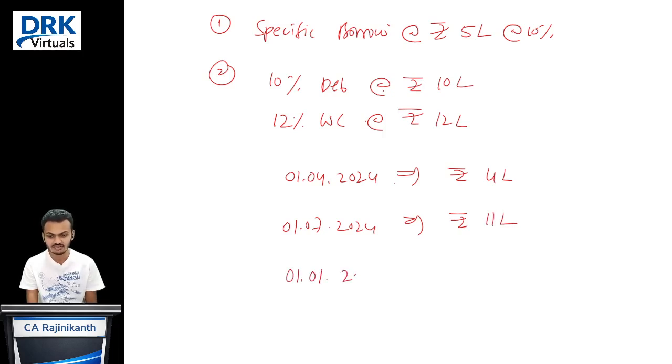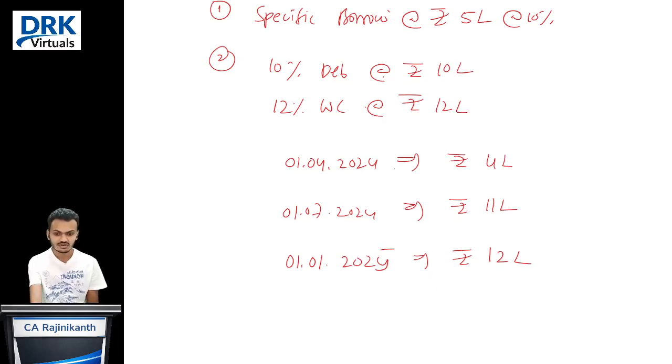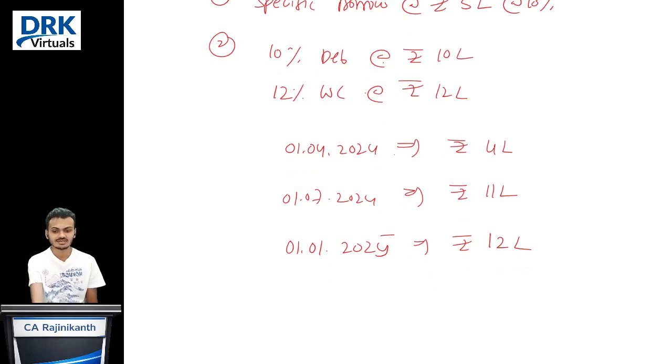On 1st January 2025, we are incurring another 12 lakhs. So which is equal to total borrowing, correct? Right. Now how to do the capitalization of borrowing cost in this case?